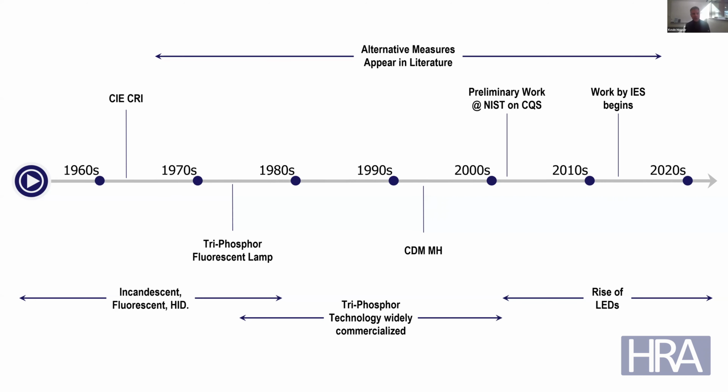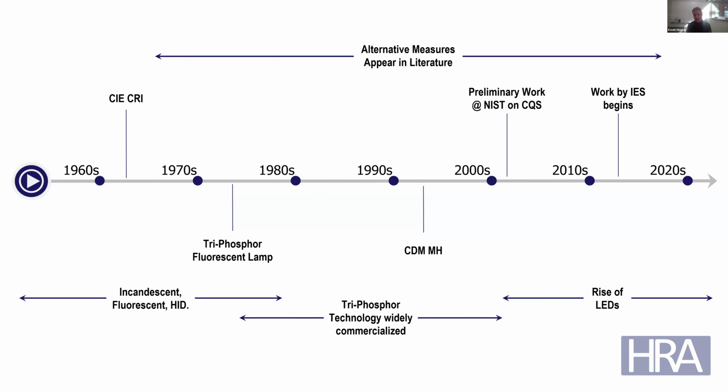The International Commission on Illumination in 1964 introduced the first measure. It was called the CIE Color Rendering Index, often just abbreviated CRI. And that worked pretty well, actually, for the light sources that were available at the time back in the mid 1960s.